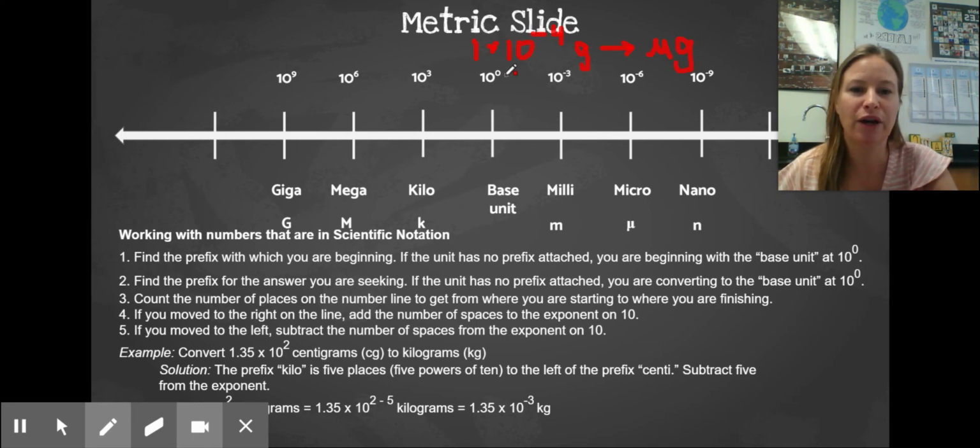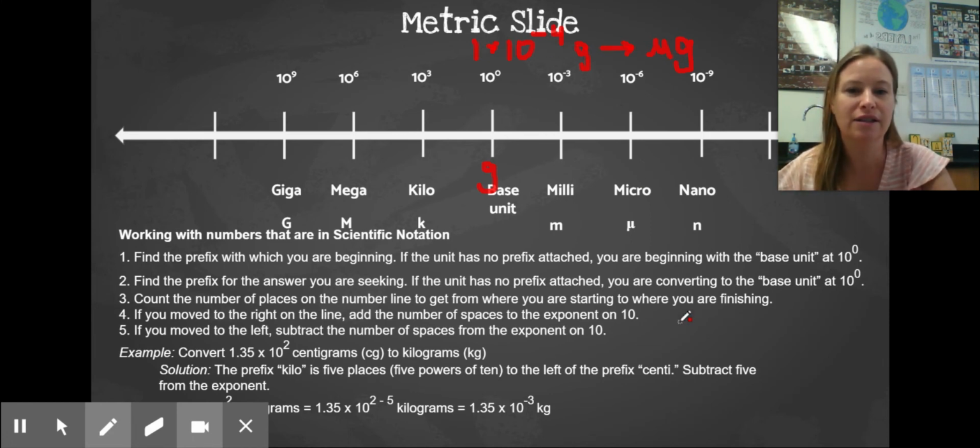If I'm changing it to micrograms, I'm starting with a base unit of grams right here. Okay, so I start with my base unit of grams, and I'm moving to the right 6 powers of 10, 10 to the 0, 10 to the negative 6. So I'm going 6 places to the right. If you're moving the decimal to the right, the number is getting larger, so you're going to add to the exponent.